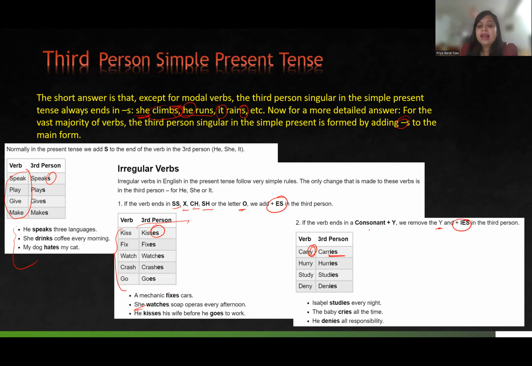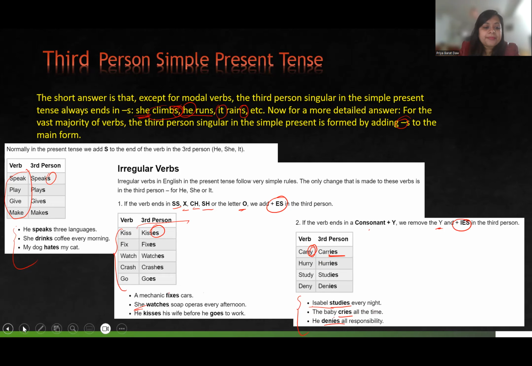Like that, there are some examples. Isabel studies every night. They are the third person. The baby cries all the time. He denies all responsibilities. So here we use ies in place of y whenever we use the verb for third person.